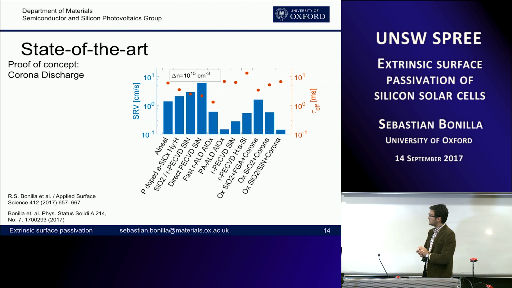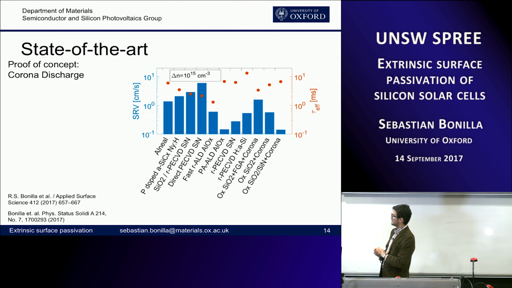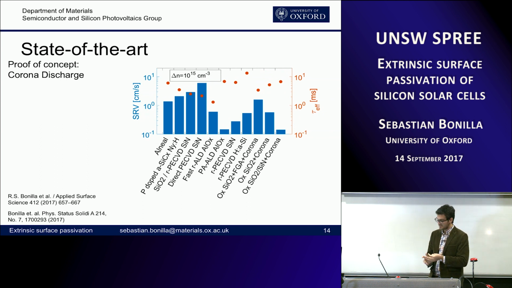Here I've put a chart of the state of the art, at least 2 or 3 years ago, of surface passivation. So here on the left there is the surface recombination velocity. The first bar is the Al-Nil, which is a very well-known process that produces recombination velocity somewhere between 1 and 2. And here is a number of different techniques. Then PECVD silicon nitride became very good.